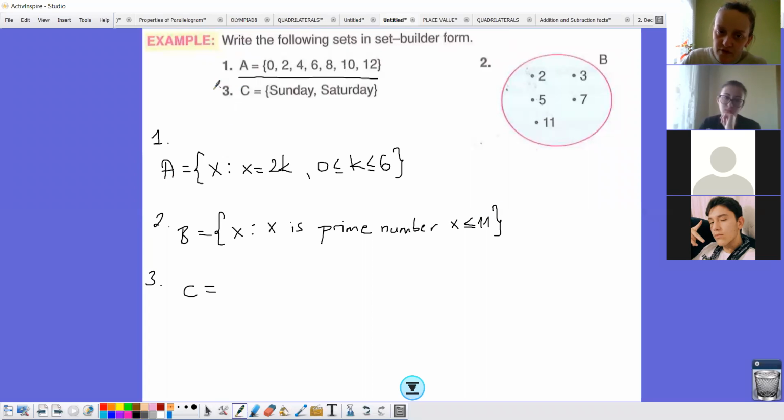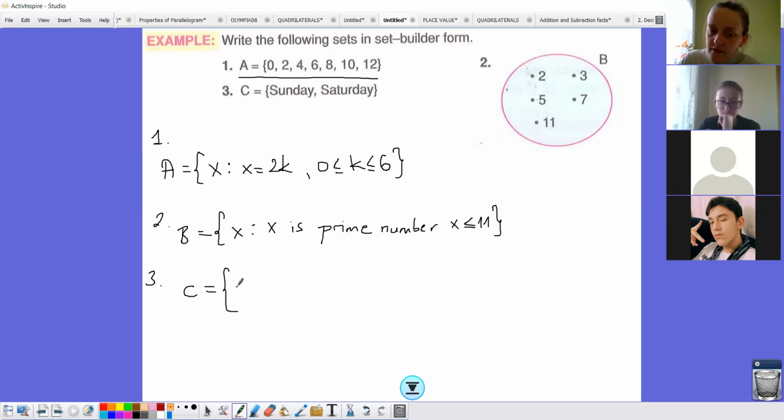For example, for the third one, the set C, Sunday and Saturday, how will we make this one? Weekend days, or weekdays that start with S. Yes, possible.